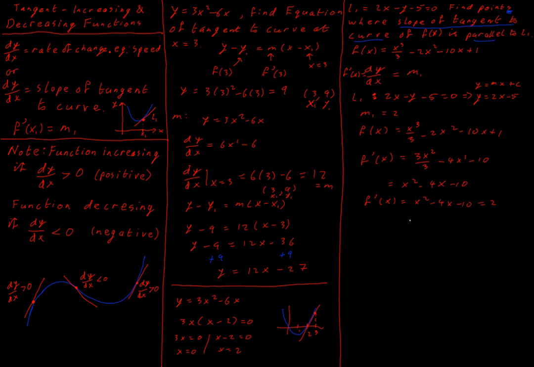I now see I just have a quadratic that I'm solving. So I minus 2 from both sides, and I'm solving for my values of x. I see that I am able to break that up into x minus 6 by x plus 2.